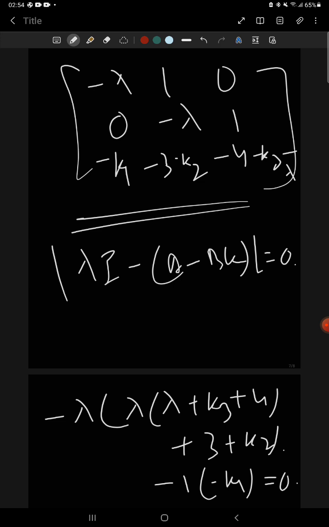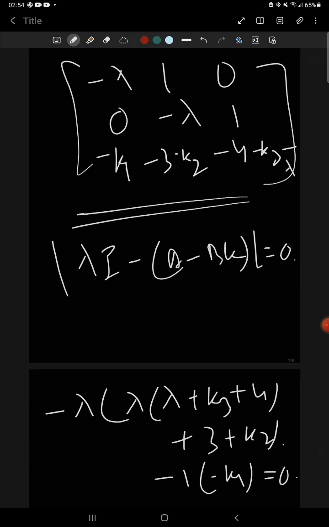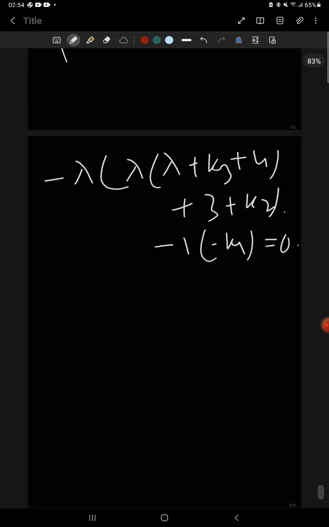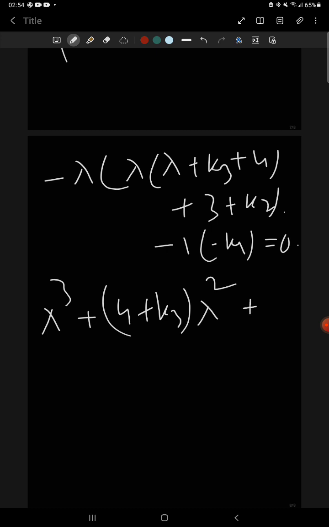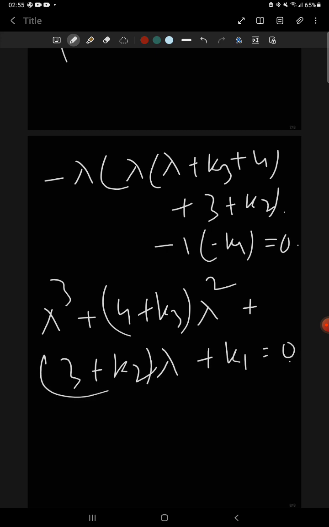So if you just perform the calculations, you will get the characteristic equation as something like this: lambda cube plus (4 plus K3) lambda square plus (3 plus K2) lambda plus K1 equal to 0.